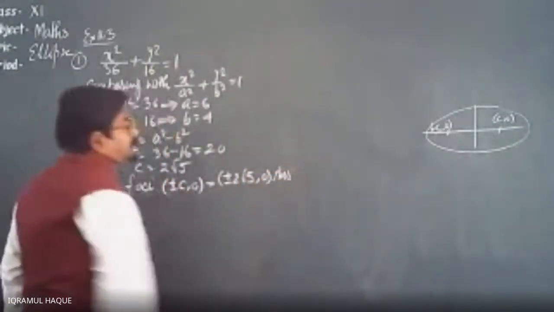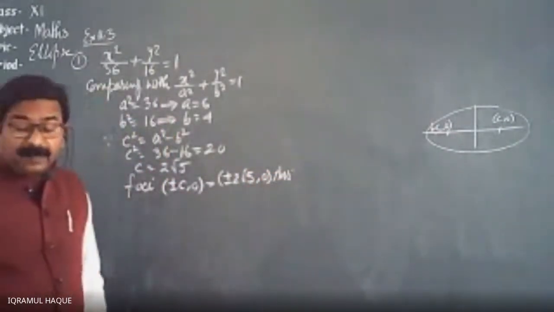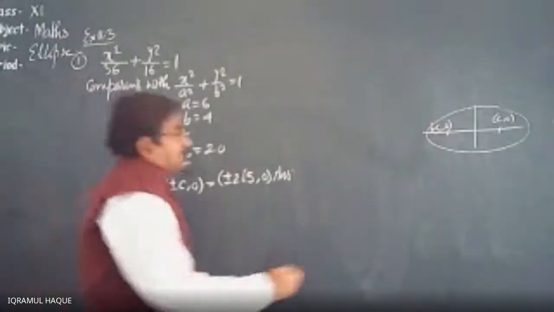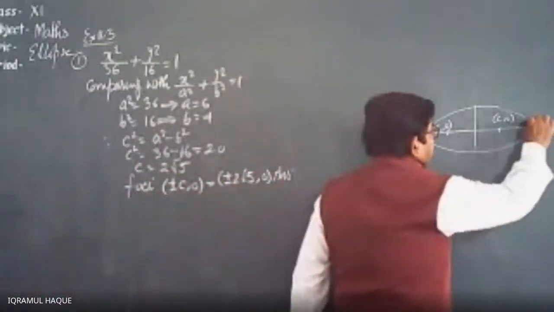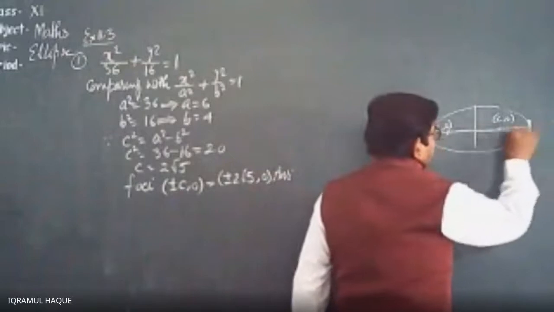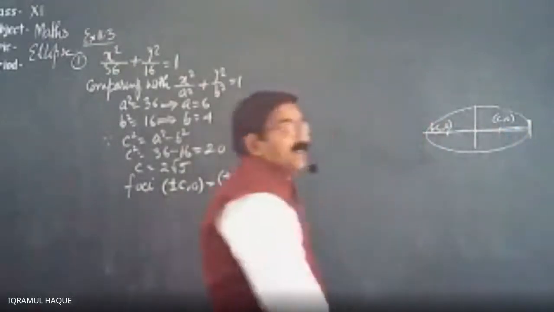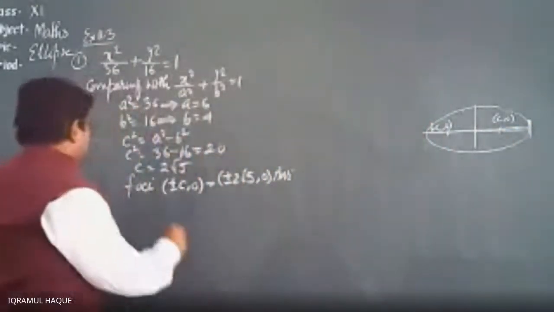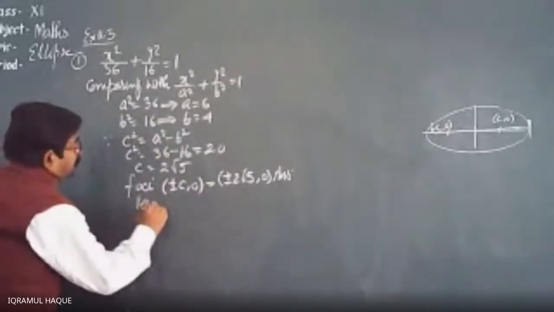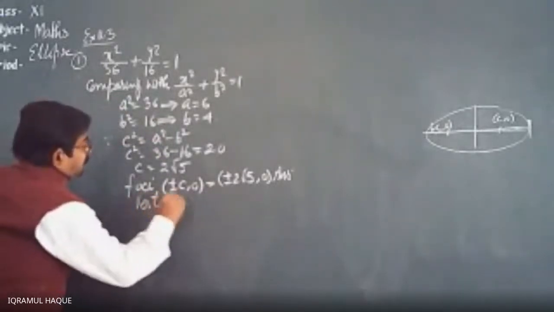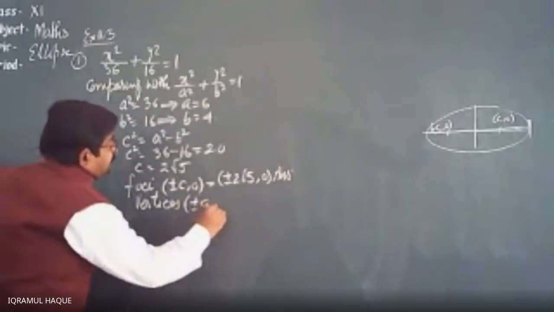This is the answer. Now we have to find the vertex. Vertices are plus minus a, 0.